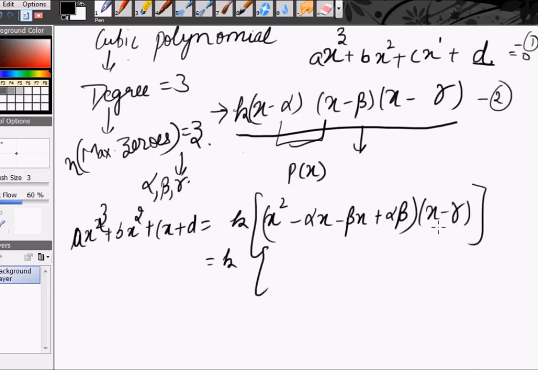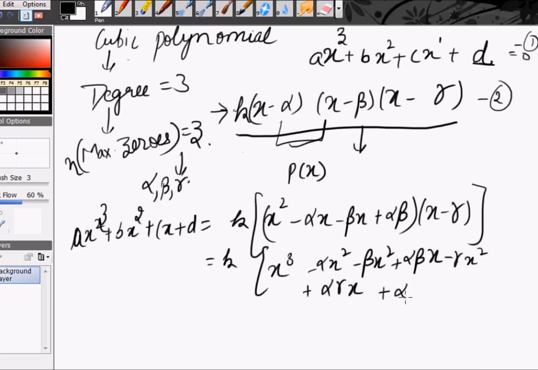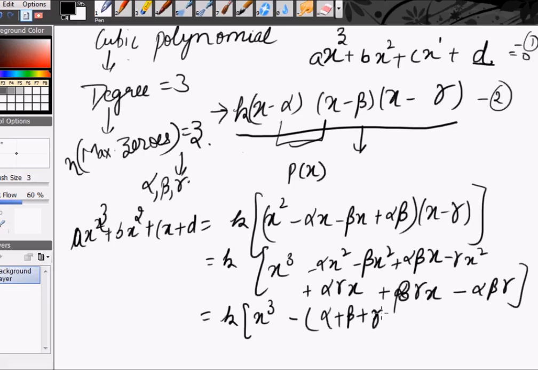Again, we can also decompose these factors as x cube minus alpha x square minus beta x square plus alpha beta x minus gamma x square plus alpha gamma x plus beta gamma x minus alpha beta gamma, which implies k times x cube minus alpha plus beta plus gamma x square plus alpha beta plus beta gamma plus gamma alpha x minus alpha beta gamma.